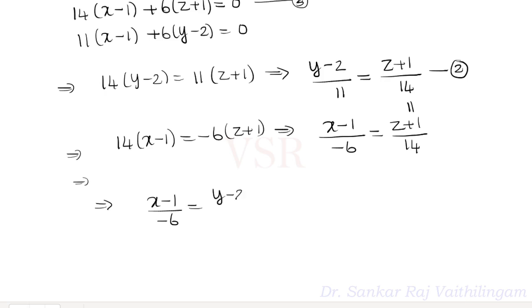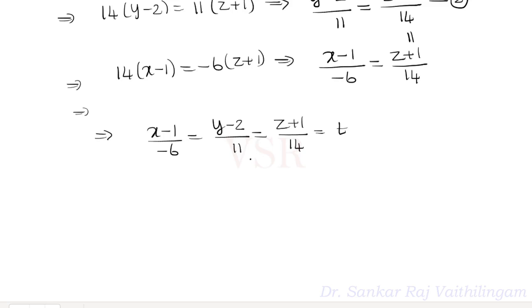2 divided by 11 is equal to z plus 1 divided by 14, and of course this is going to be equal to some variable, so I call this t. Just saying this line is enough, this will represent a straight line.